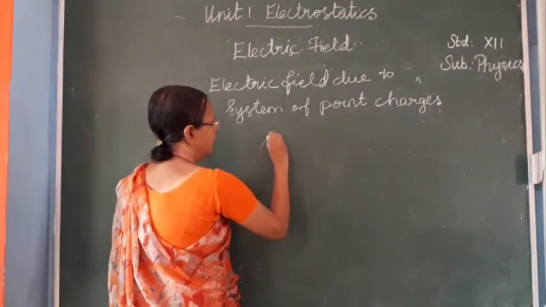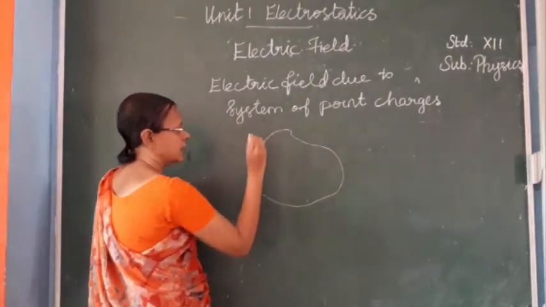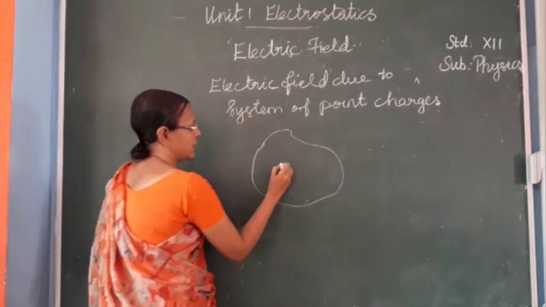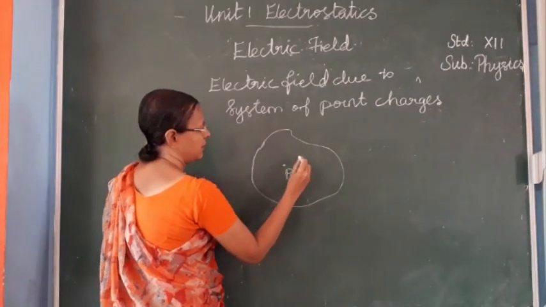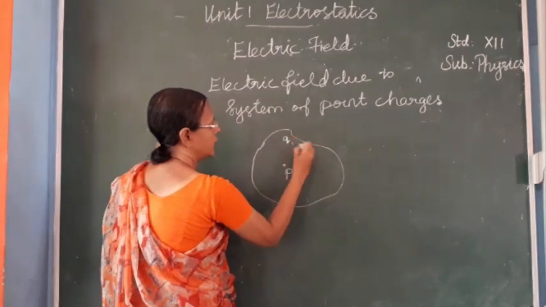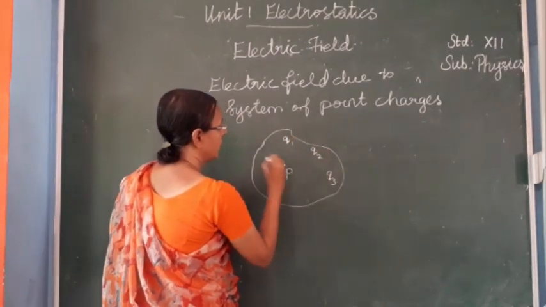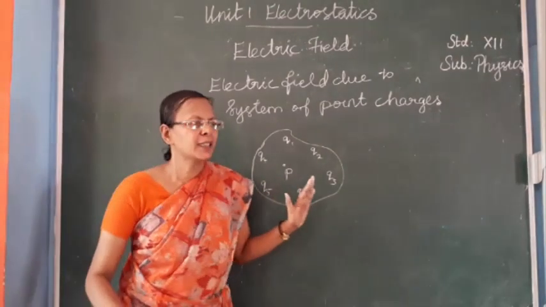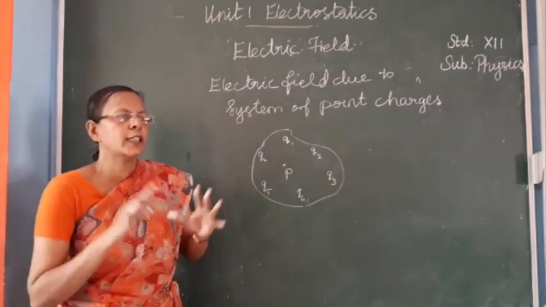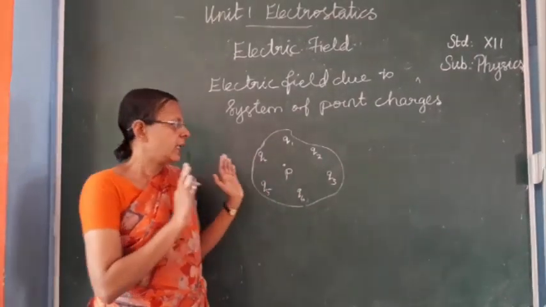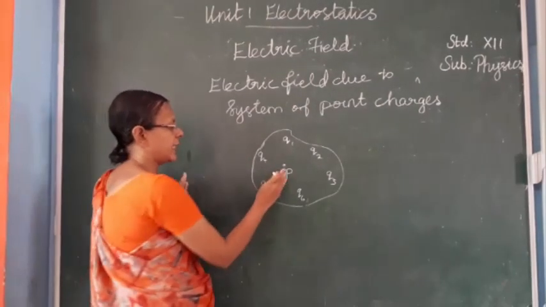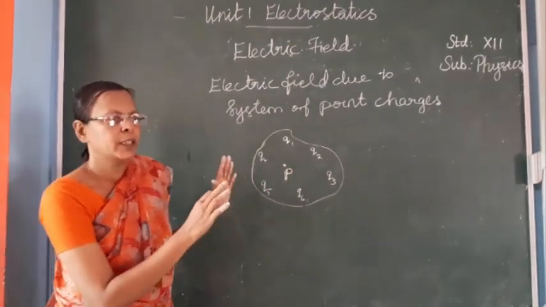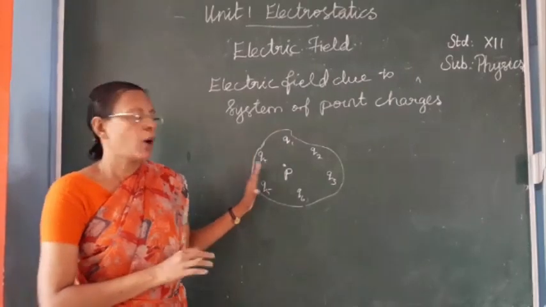For example, we can draw a diagram. This is a system, and it consists of many point charges. First, we take this point P. Here Q1, Q2, Q3, Q4, Q5, Q6, different charges are there, all together inside a system. What kind of electric field are they exerting upon this point P?